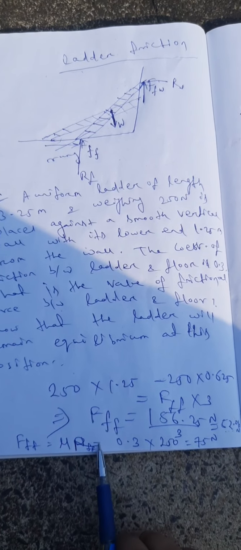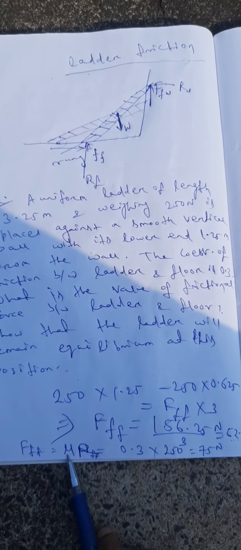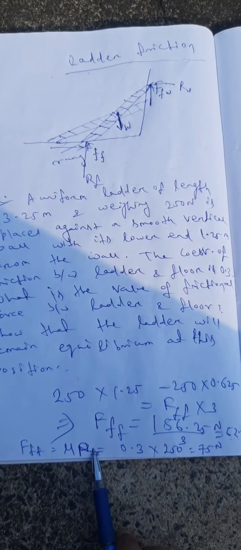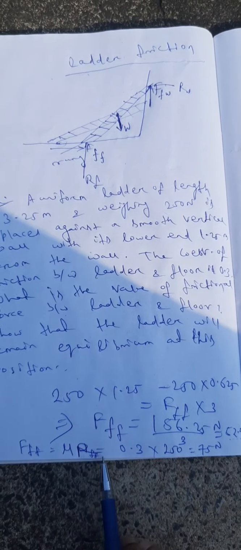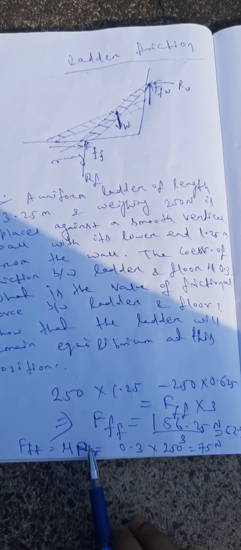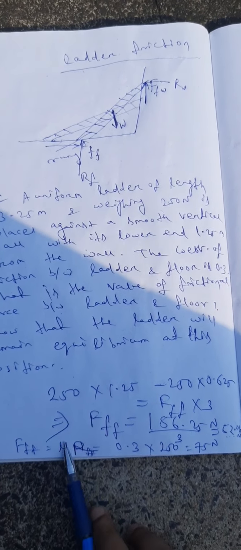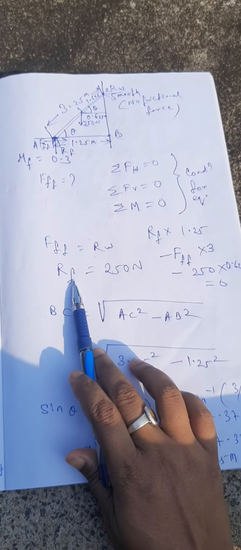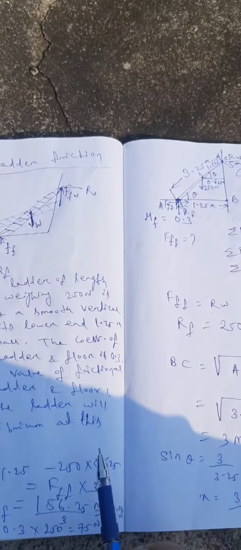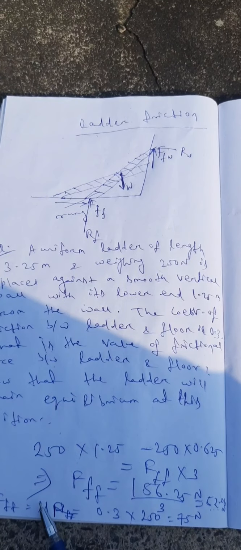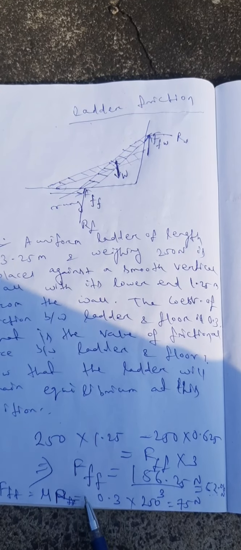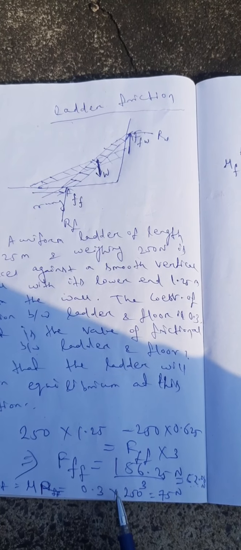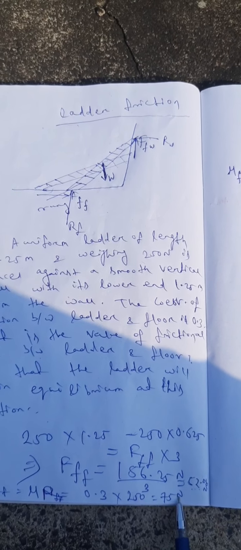The actual frictional force acting at the floor is mu times the normal reaction. From Coulomb's law, you know this formula. So that is mu times the normal reaction at the floor. The normal reaction at the floor you have calculated by balancing the vertical force, which is 250 Newton. So the frictional force at the floor equals mu times the normal reaction at the floor, that is 0.3 into 250 equals 75 Newton.